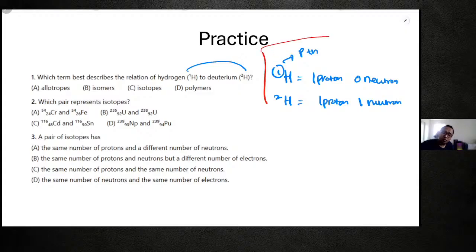We have this concept right now, and they both have the same number of protons but a different number of neutrons.